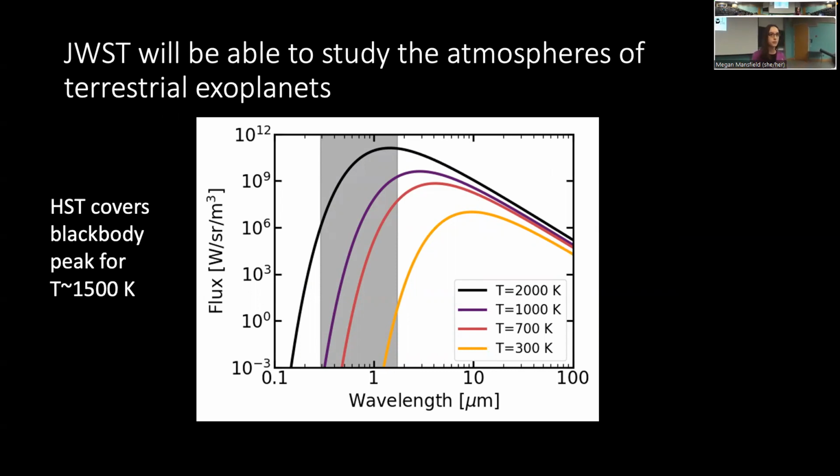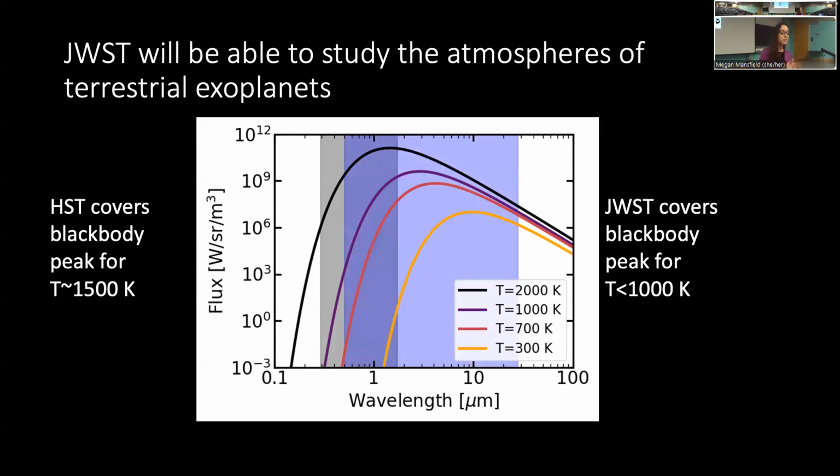And in this wavelength regime, it was really optimized for studying things that were in that around 1000 to 2000 Kelvin range, because those are the objects that were putting out most of their light at those wavelengths. So HST taught us a lot about hot Jupiters, but it really couldn't do much for habitable zone planets or anything like that, because there's just not a lot of flux coming out at those wavelengths.